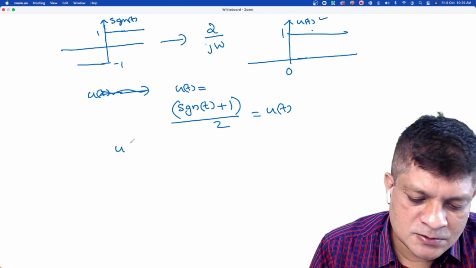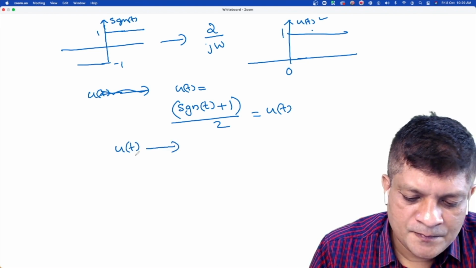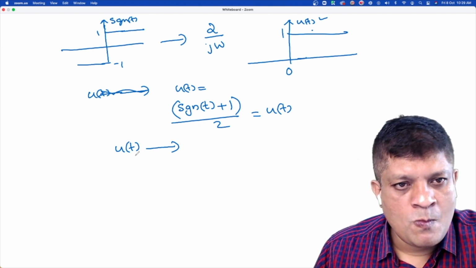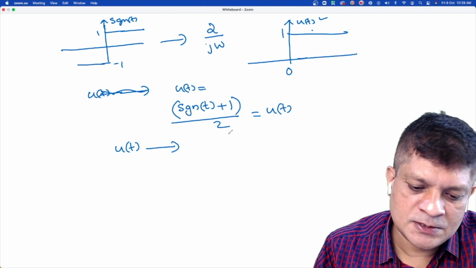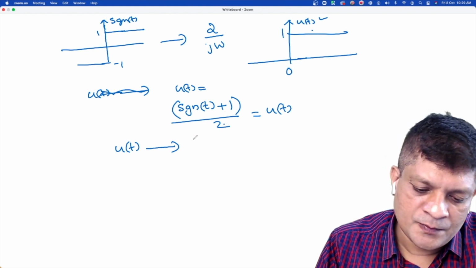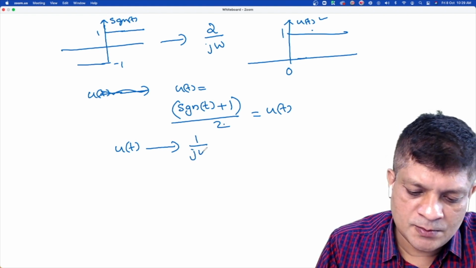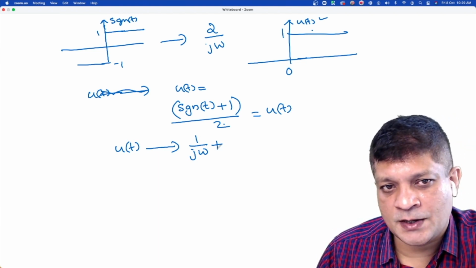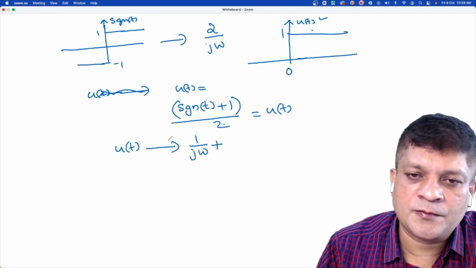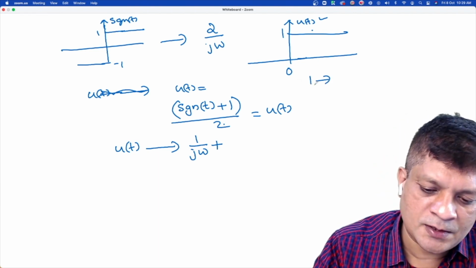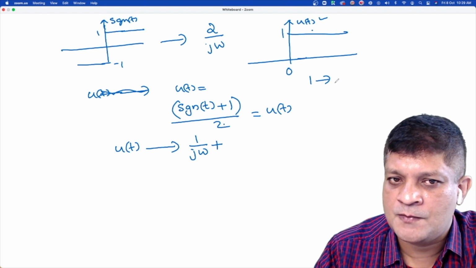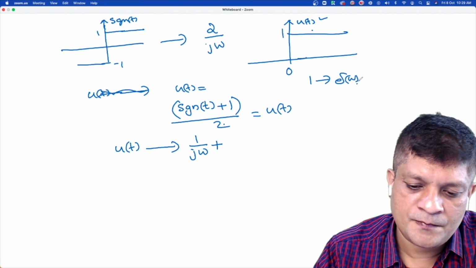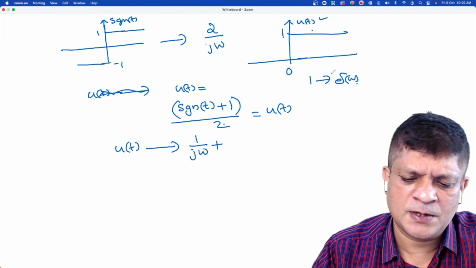What is the Fourier transform of ut? The first term is the signum function by 2, which gives 1 upon j omega. What is the second term? The Fourier transform of 1 by 2. You know this Fourier transform pair. What is the Fourier transform of 1? Is it delta omega or 2 pi delta omega?